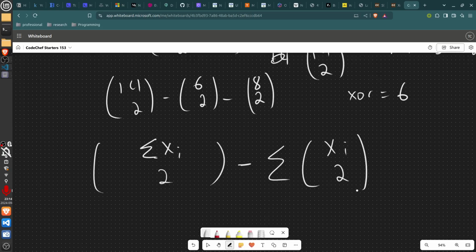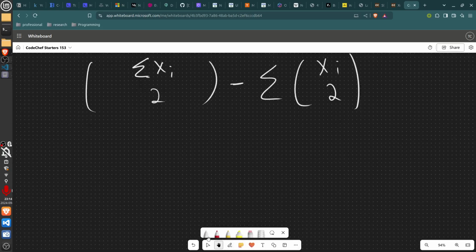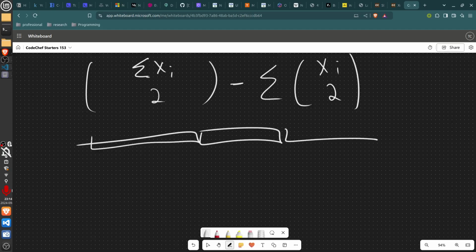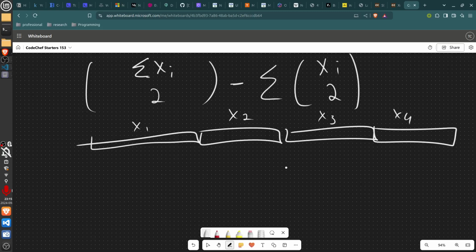You subtract off each individual one because you can't pick two within that block. Imagine that they're blocks. For each block, x1, x2, x3, x4, I have a total that I can pick from all of these, and I can pick two pairs from all of this, right?